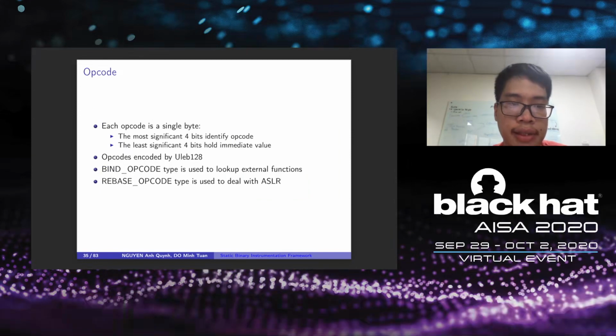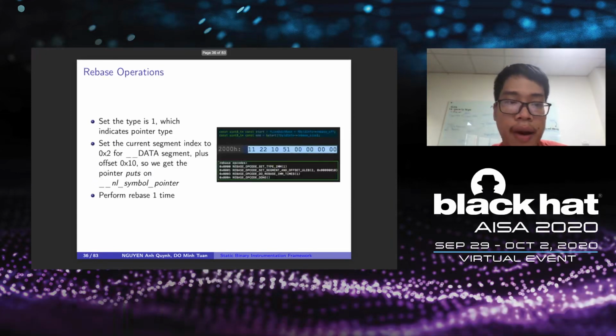An opcode is actually a single byte, encoded by unsigned ULEB128. The bind opcode is used to look up external functions, and the rebase opcode is used to deal with ASLR. For example, this image shows how a sequence of rebase opcodes should run.